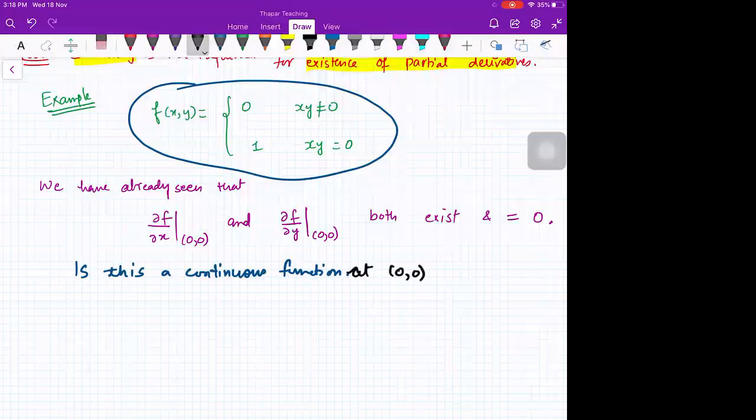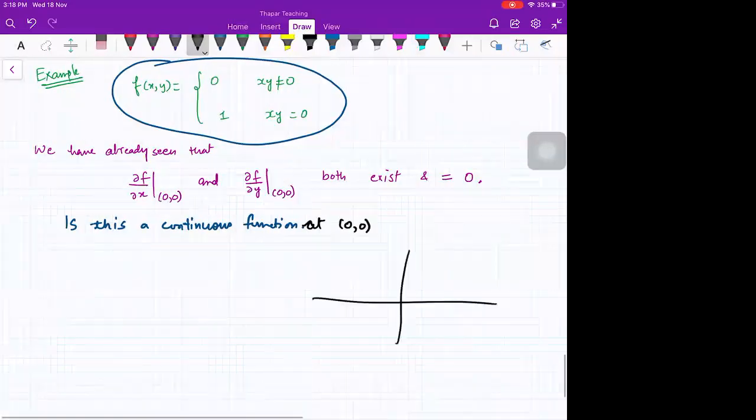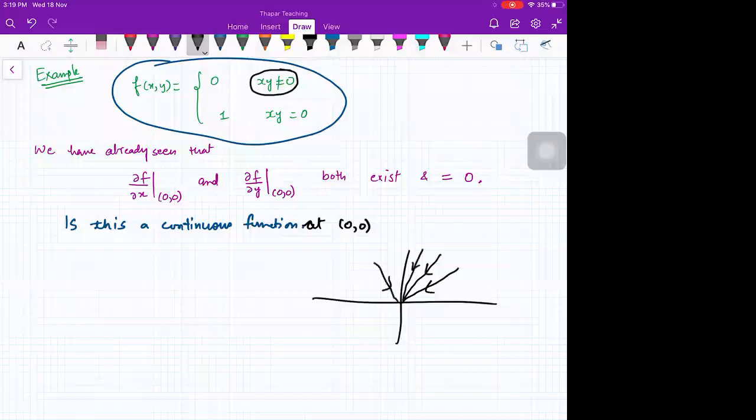So what is the function? If you come along a path where xy is non-zero, because here the product of x and y is non-zero, along all these paths what is the value? 0. And if you come along a path where x into y is 0, that means along the axis, here or here or here or here, what is the value? 1.